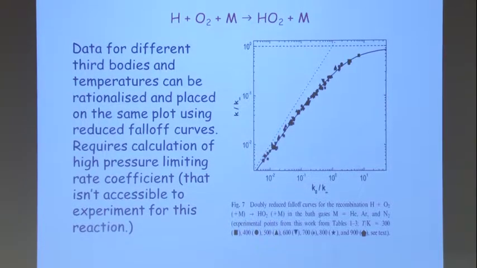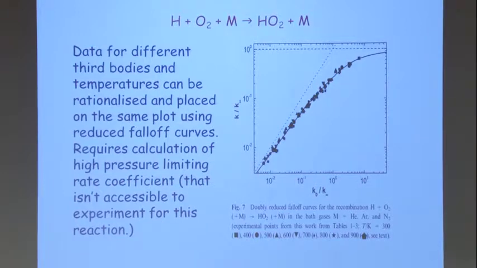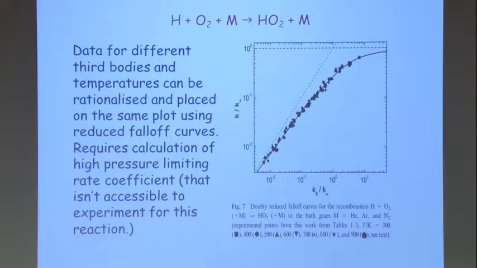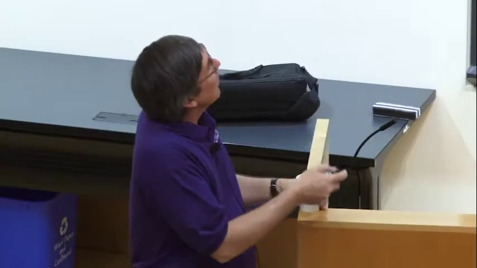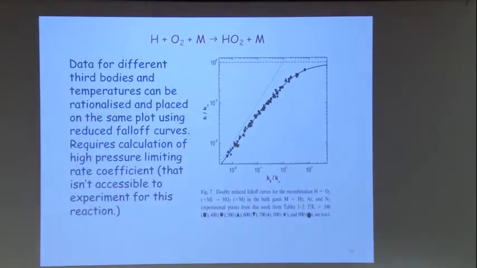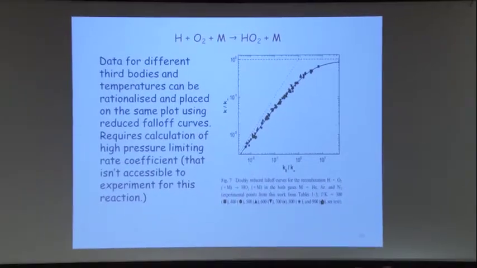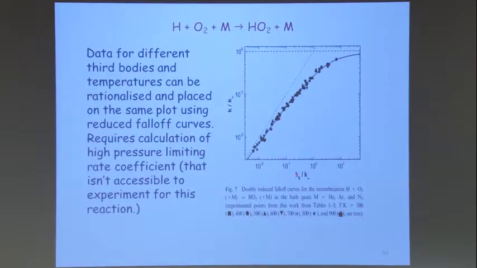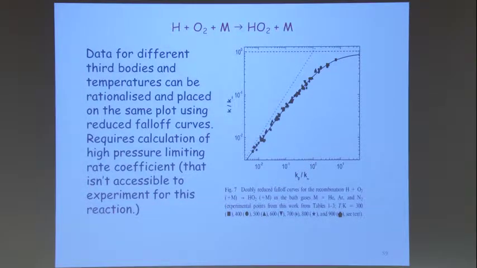What's kind of cool is you can make what's called a reduced order plot, where you can take all the different collision partners and all the different data and put them all on one plot together. What you do is you divide by the high pressure limit value, the asymptote. You measure the low pressure limit rate, what people measure in the region where it's perfectly linear.